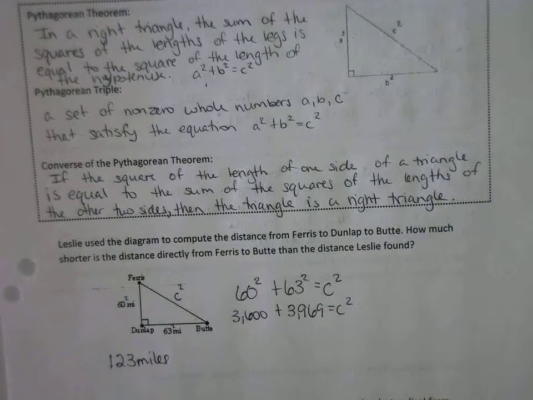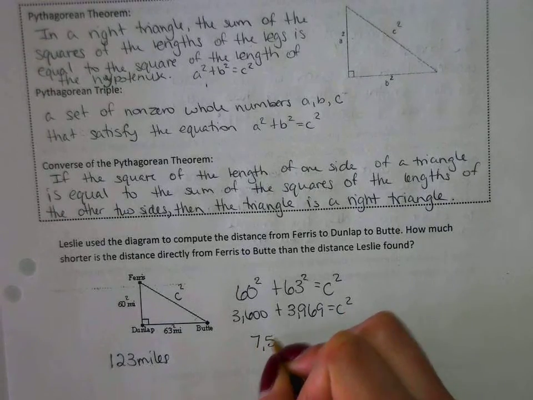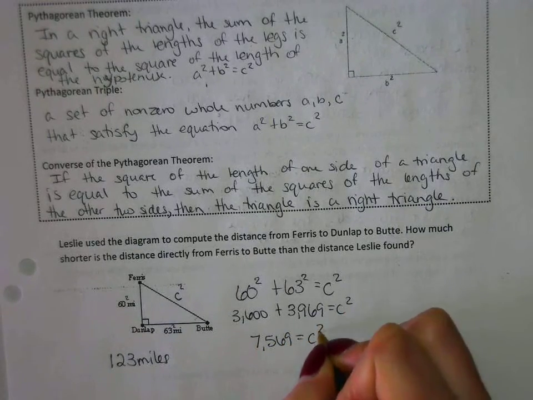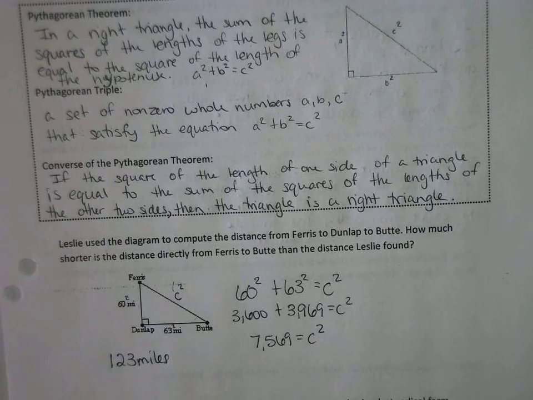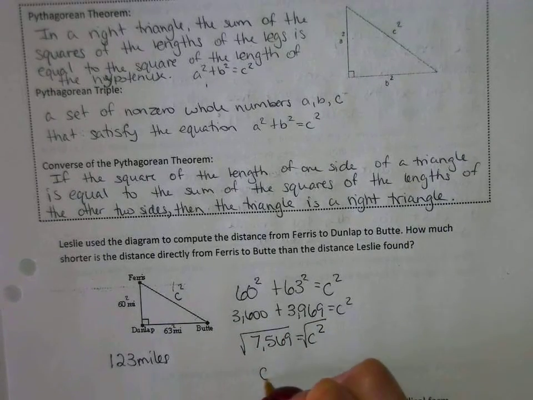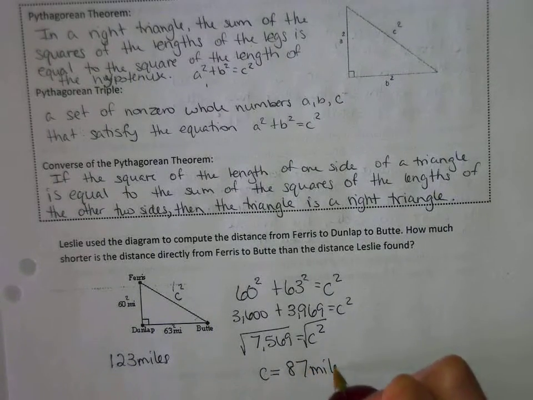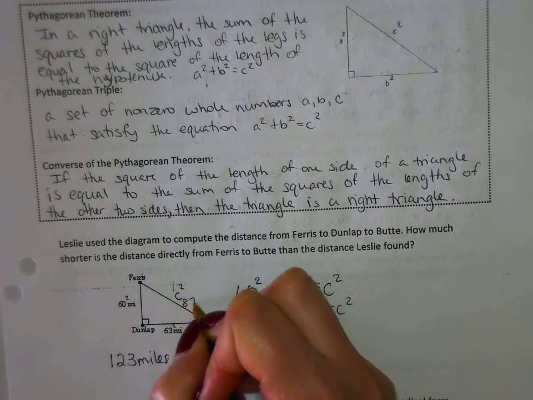If we add the two together, 7,569 equals c squared. So now we need to square root both sides so we know what the length is. If we square root our answer, it's 87 miles.